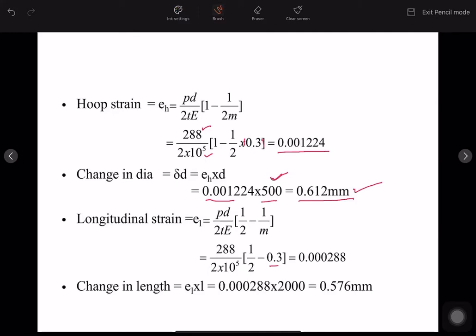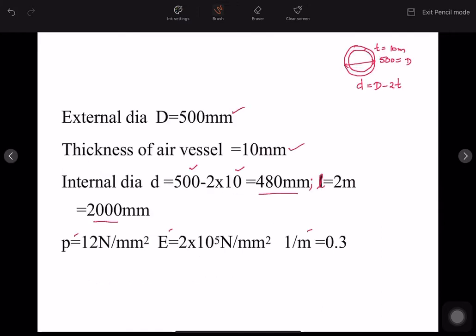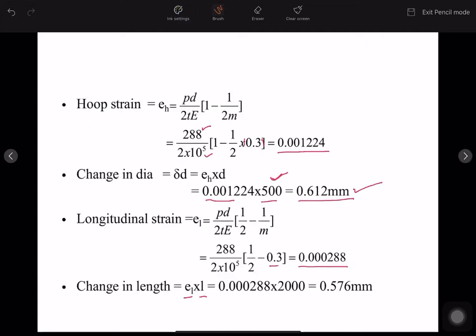We'll get a value of 0.000288. If we multiply this epsilon L into length of the vessel, which is 2000, we'll get a value of 0.576 mm.